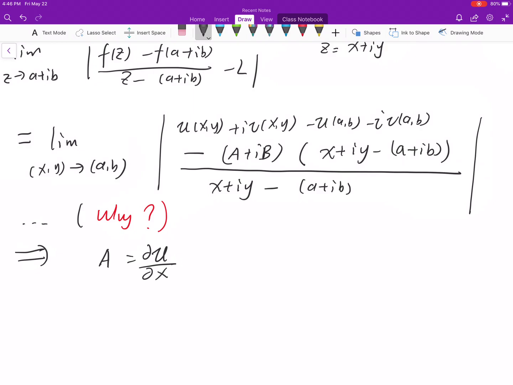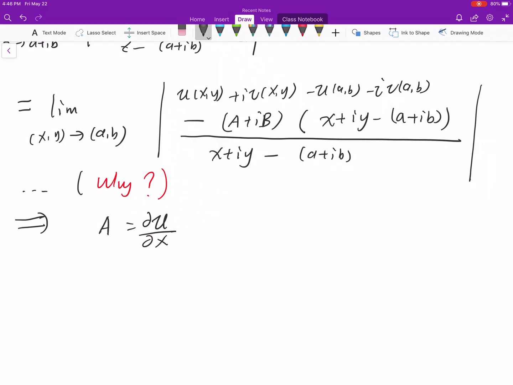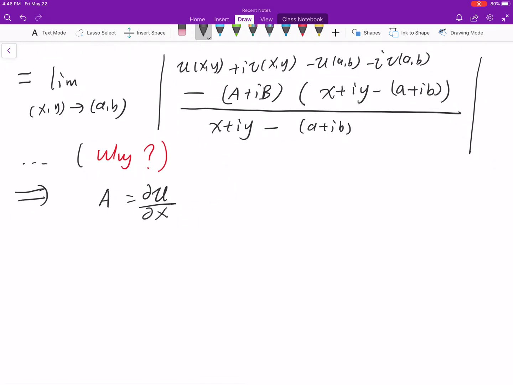Recall that we assume f is differentiable as a vector valued function depending on variables x and y. And B is minus partial u partial y, and partial v partial x.